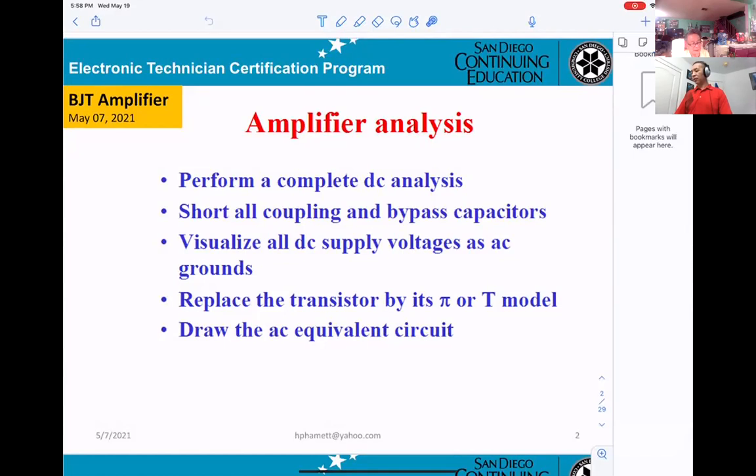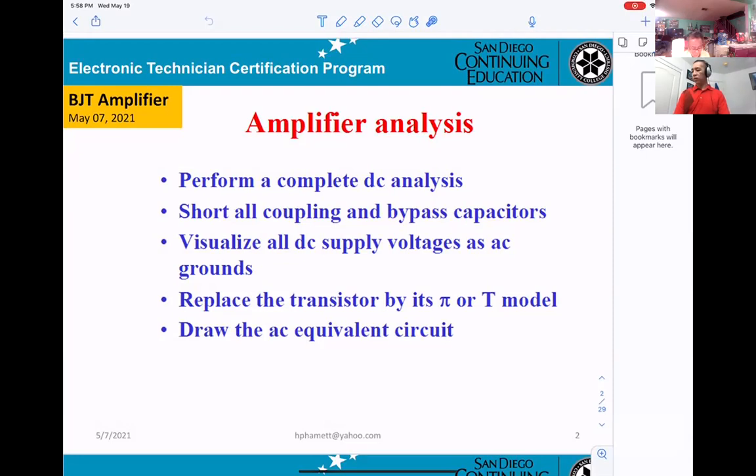The thing that they will be doing up there, like designing an amplifier: first, you have to do the DC analysis. That means all of the calculation for DC must be done. If it's not working, then you cannot do any amplifier.